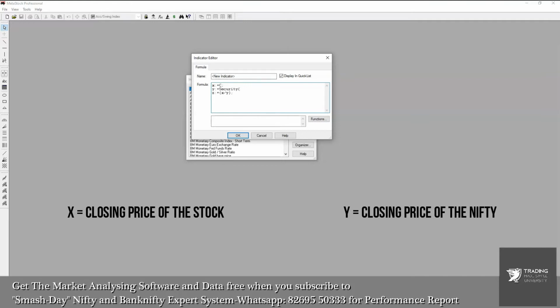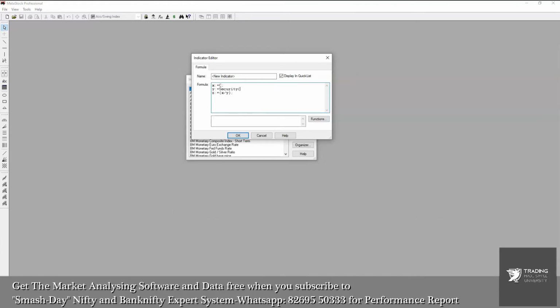We have to import the value of Nifty, and for that we use the Security function in Metastock. It is written like this: Security function within parenthesis NSIX, and this is the code of Nifty, and we are bringing the closing price of Nifty. So that's it.